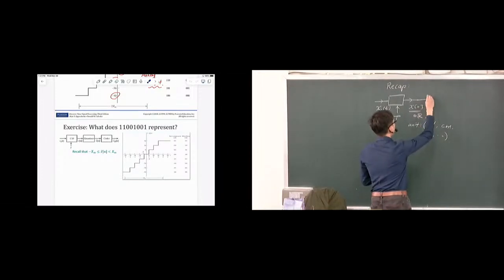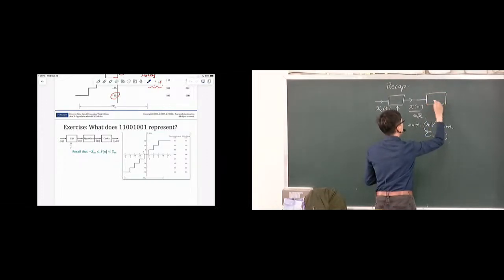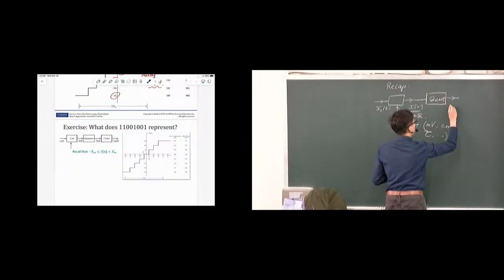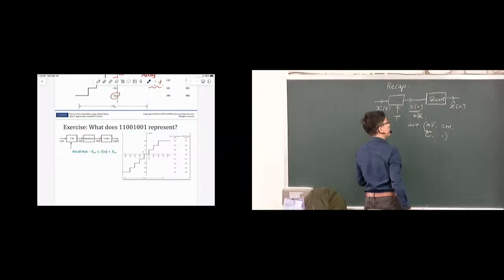So in one way or another, we need to perform quantization so that the result becomes x hat of n, by approximating x of n to the nearest integer, rounding it to the nearest integer.